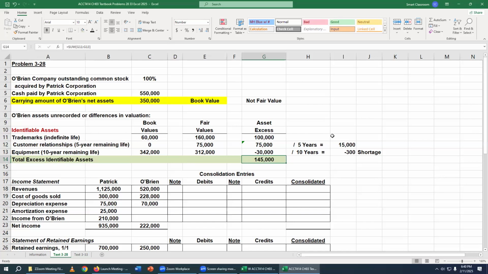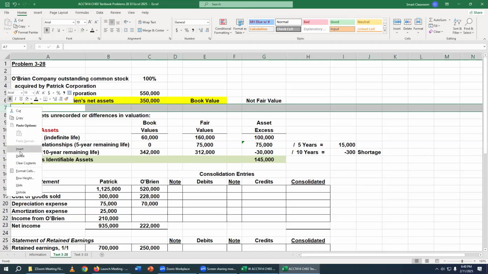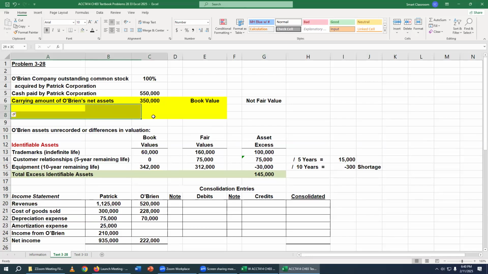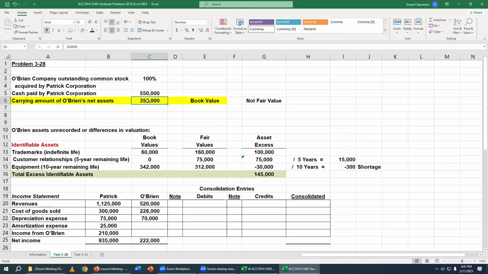So how much goodwill are we gonna have? You want to have a guess? I'll tell you what, what would be the net assets at fair value? Here they are at book value.